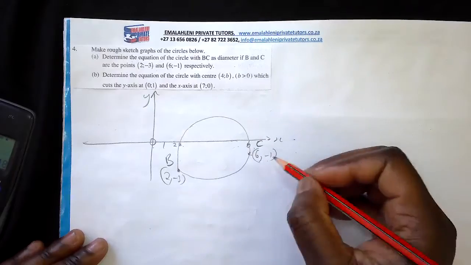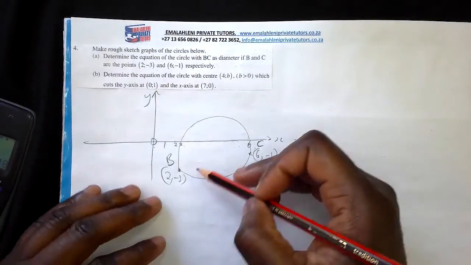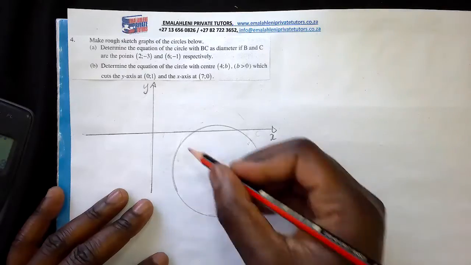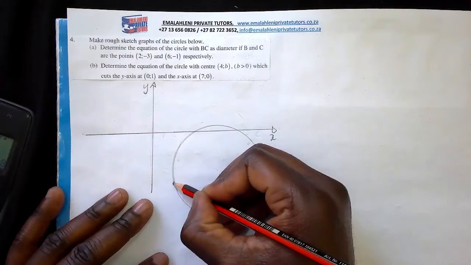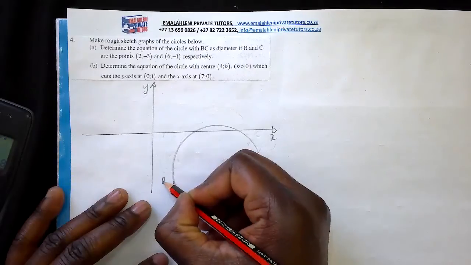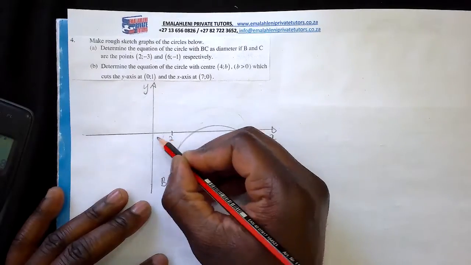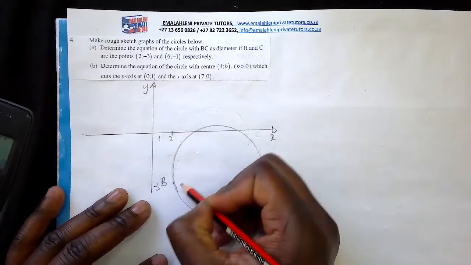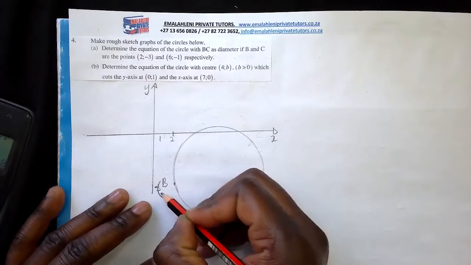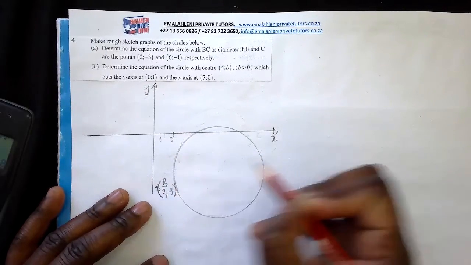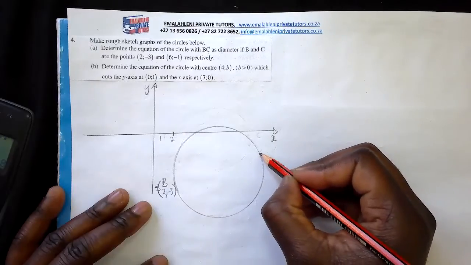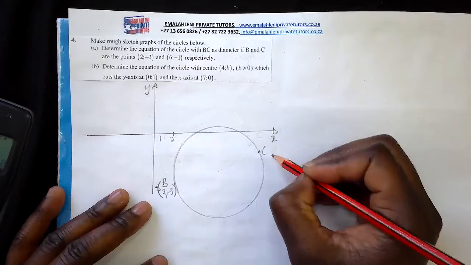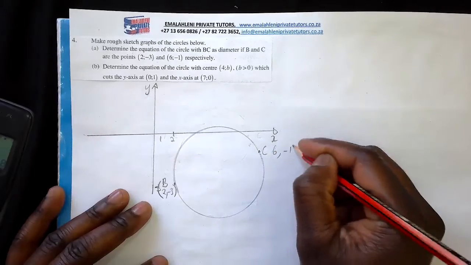So it means that this circle is not properly drawn. Let me just try to sketch it nicely. Okay, so let's have this point here as B, 2 and negative 3. There's another one here as our C, which is 6 and negative 1.